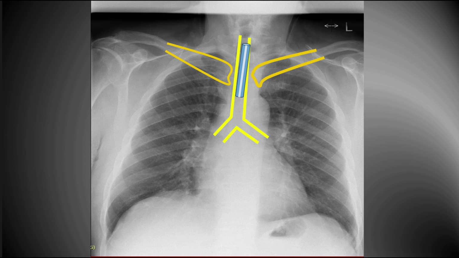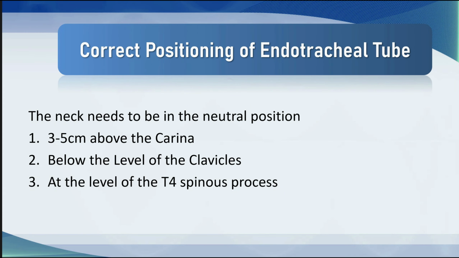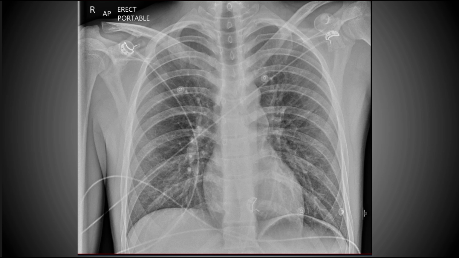There are three common ways of identifying the correct place. With the neck in the neutral position, the tip should be 3 to 5 centimeters above the carina. It should be below the level of the clavicles, and if you can identify it, at the level of the T4 spinous process. This is a chest x-ray of a patient in the ICU.